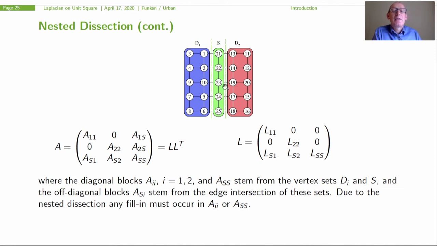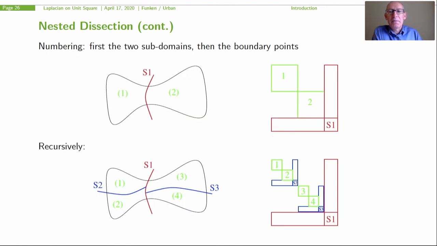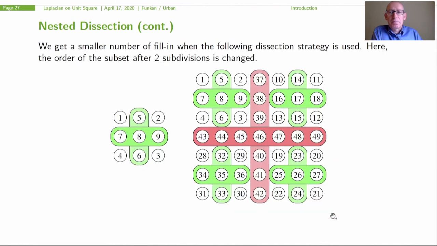This gives some 3 times 3 block structuring, where always the blocks A12 and A21 are 0. If you have some Cholesky decomposition in mind, also the matrix L has this block 0. If you do this dissection recursively, in the first step you have this structure as mentioned before, and if you do this for subblock 1 and for subblock 2 again, you will end up with this kind of substructuring.